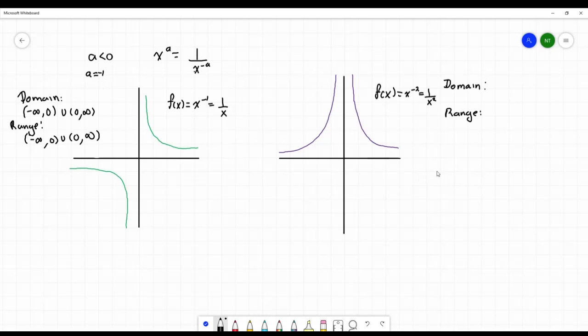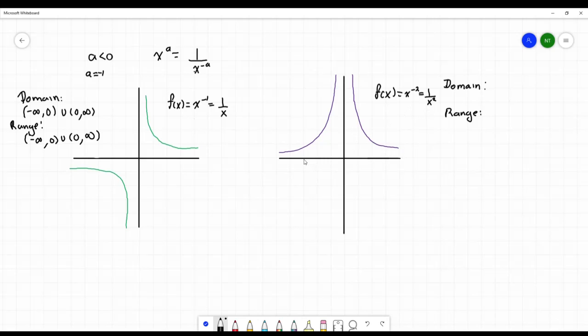Okay, so now let's look at the case when a is less than 0 and a is even. So f of x is equal to x to the -2. So we use the same property to make it 1 over x squared. So once again, the domain cannot equal 0, right? Because we'll have a 0 in the denominator.